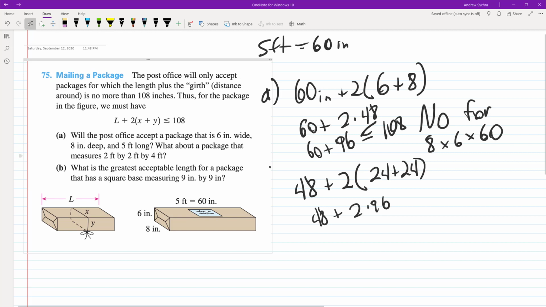And it's still no. Oh, I was wrong. I don't know why I multiplied them together. It should be 24. 28.